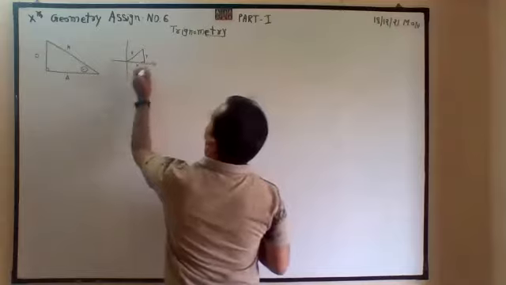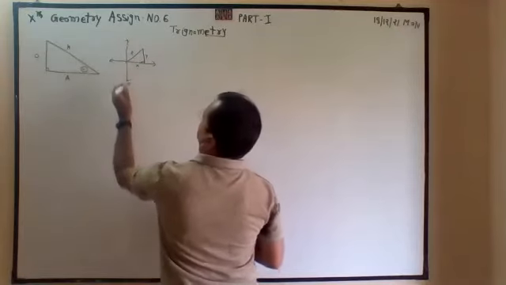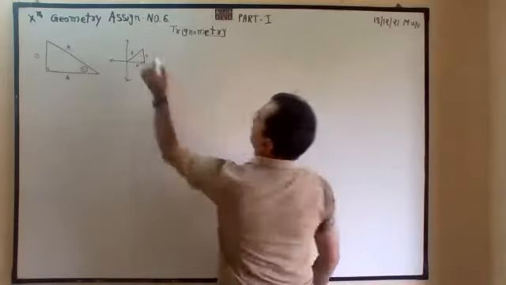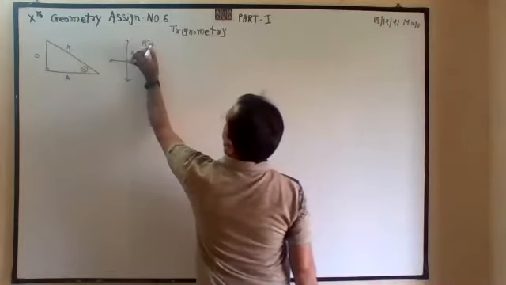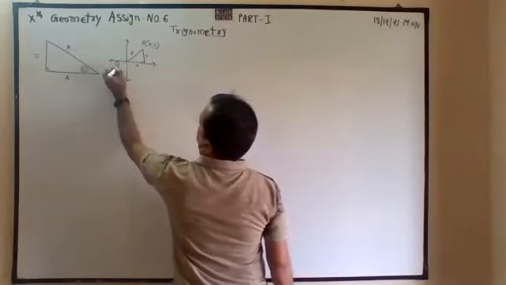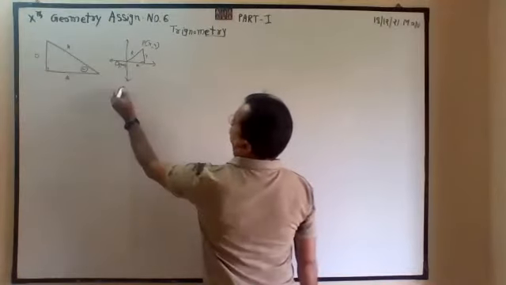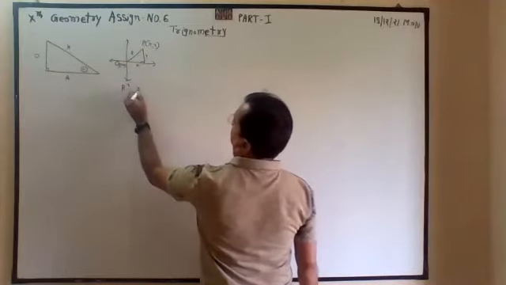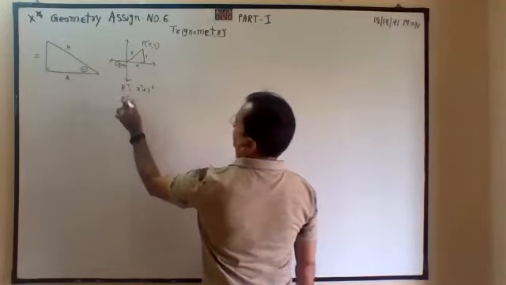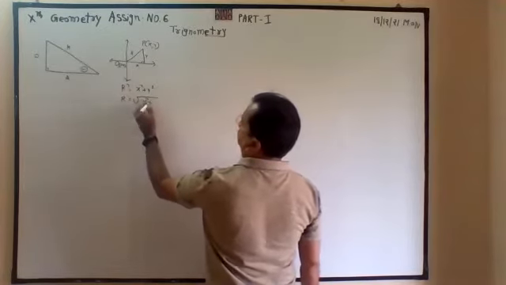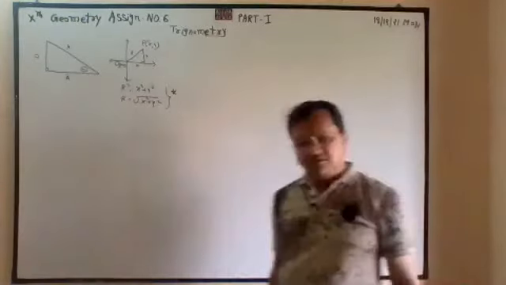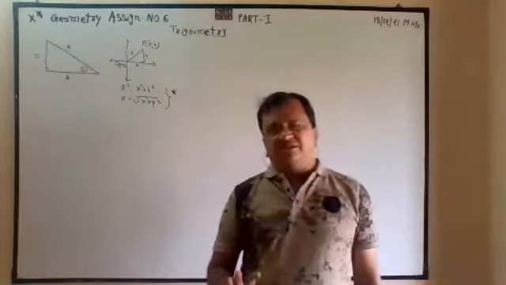In coordinate geometry also we have learned that the distance of any point P(x, y) from the origin O(0, 0) is always r square equals x square plus y square, or r is equal to under root x square plus y square. This is a very important point, that they will ask the distance.